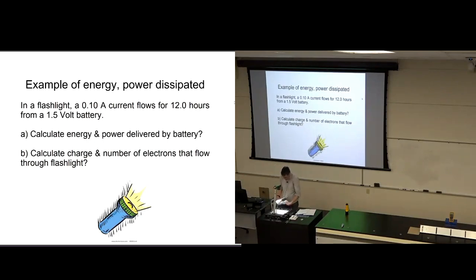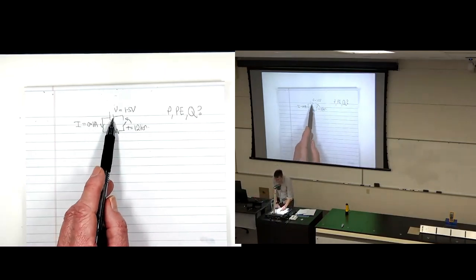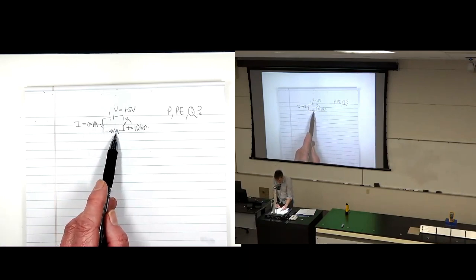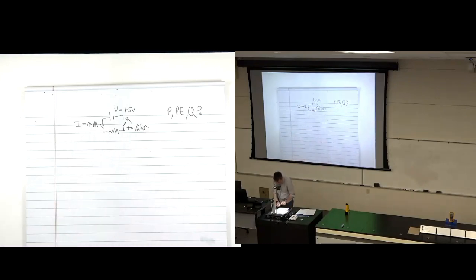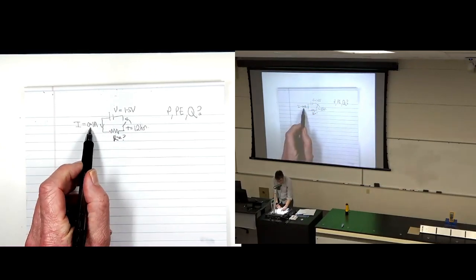I think I was going to do this on the document camera. And I started it. Here's the circuit. So here's the battery, 1.5 volts. Here's a resistor, which is the lamp. I don't know the resistance actually, but I do know the current that's flowing.